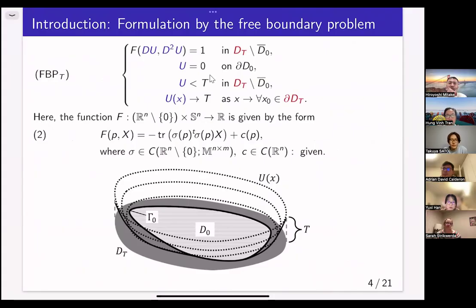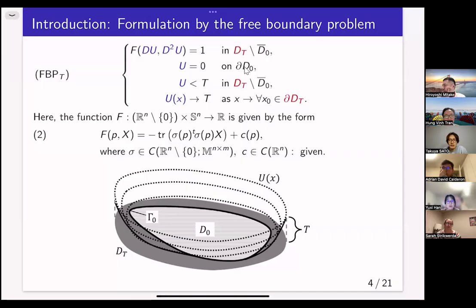And the first equation corresponds to the level set equation given in the previous page, and f has this form. And the second condition is the Dirichlet condition for the boundary of D0.